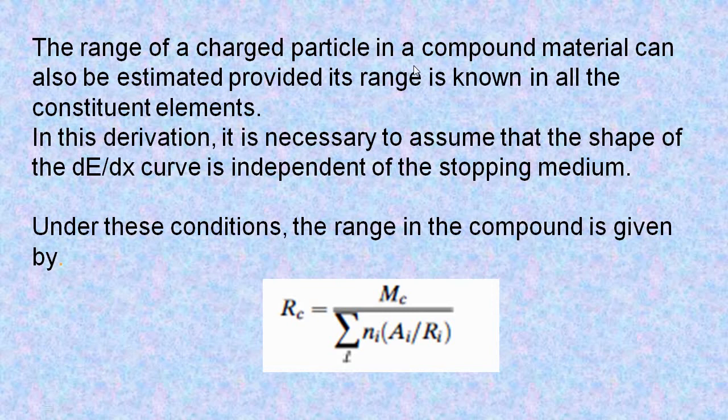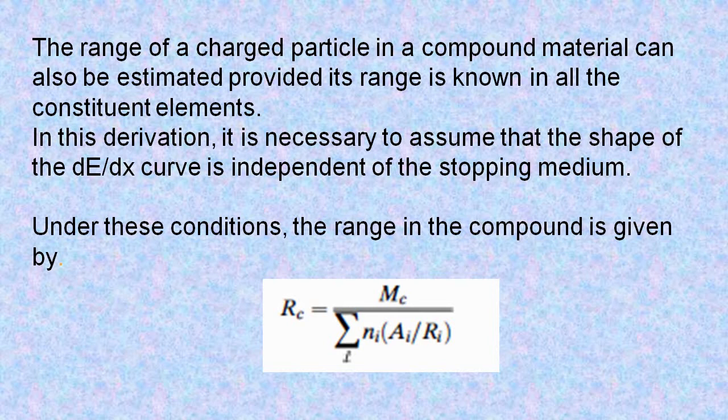The range of a charged particle in a compound material can also be estimated, provided its range is known in all the constituent elements. Just as we have mentioned about the specific energy laws, similarly, the range can also be calculated. In this derivation, it is necessary to assume that the shape of the d by dx curve is independent of the stopping medium.